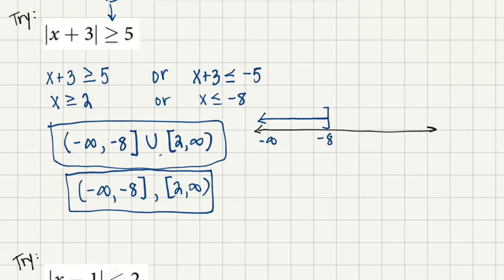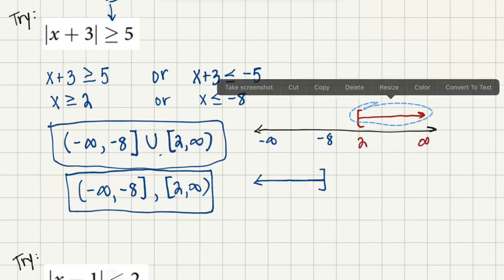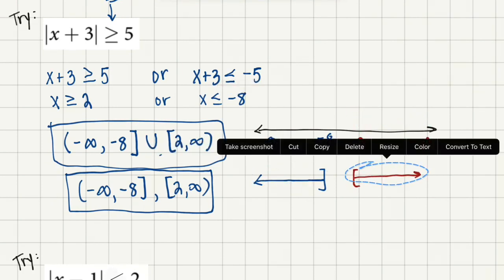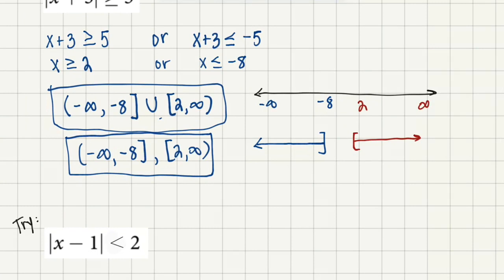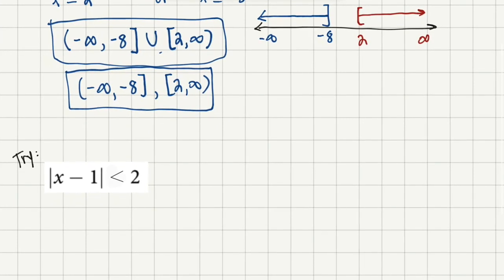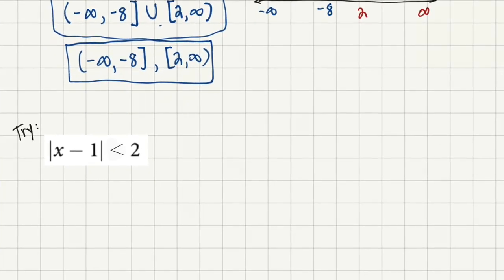And then you also have, it's just a list, 2 to infinity. So when you list out your values, it's kind of like you're taking this part and you're taking this part and you're just listing them out. And when you list items, you separate each item with a comma. So that's another way that we can write that interval notation.